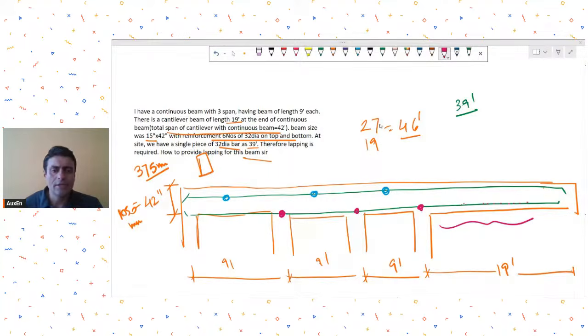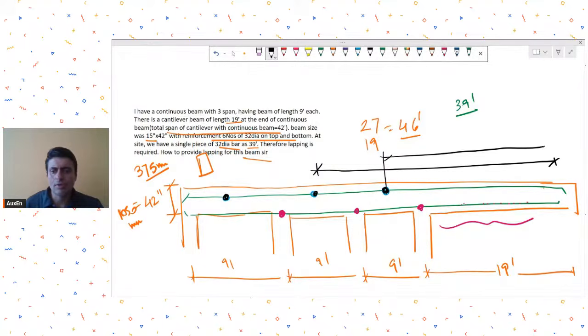So don't think that if the length of bar is 39 feet and your total length of beam is 46 feet, you are only thinking in terms of one splice. No, you may have or try having even multiple splices if required to set up your arrangement. Now, as I told you, top bar splices are preferred in these three locations. So now you will have to work out whether this bar length is suitable for you, or this bar length is suitable for you.